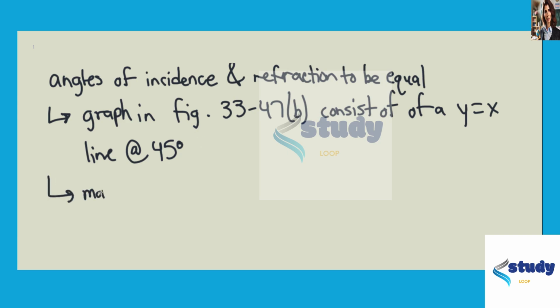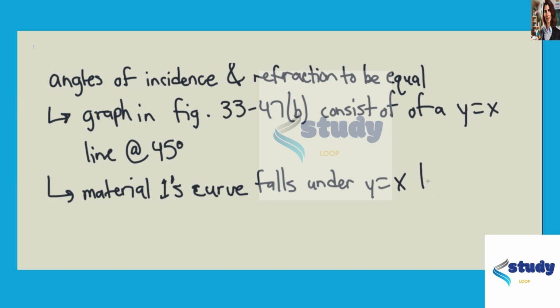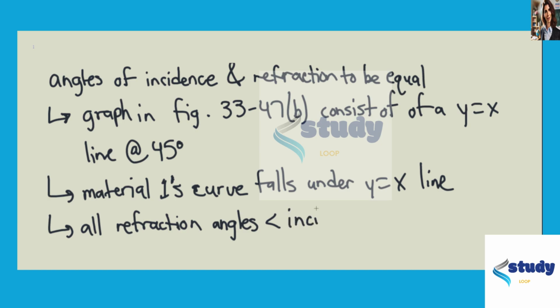We have that material one's curve here falls under the y equals x line. So this essentially tells us that all refraction angles are less than incident angles, or we can say again simply theta sub 2 is going to be less than theta sub 1.